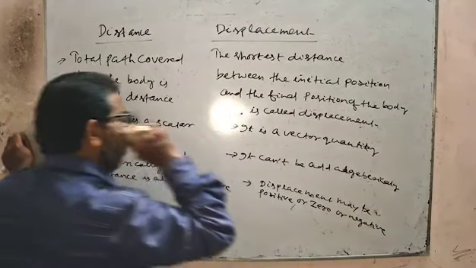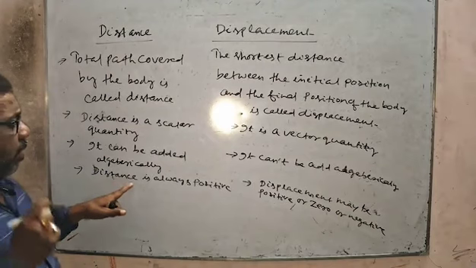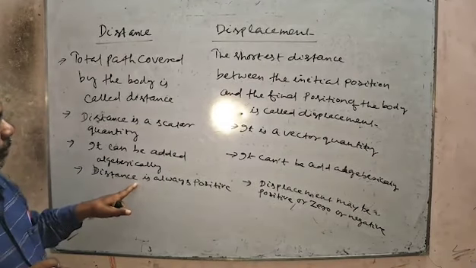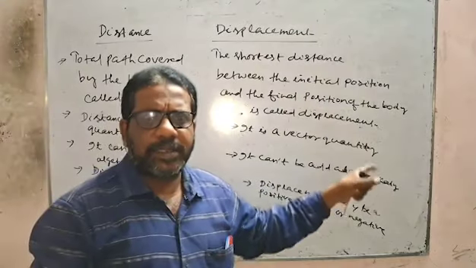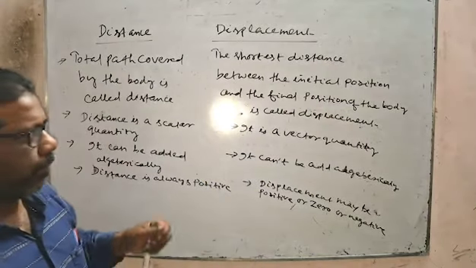That means it may be any integer, whereas distance is always a positive integer. These are the four main differences between distance and displacement.